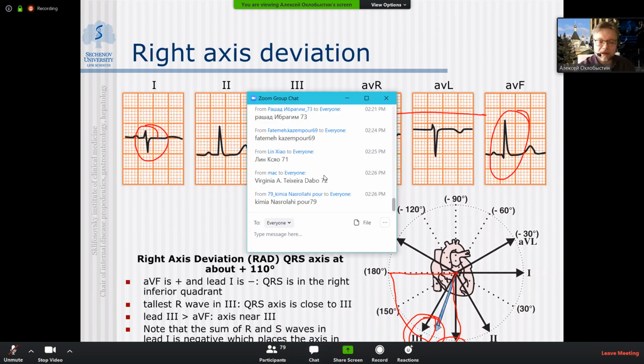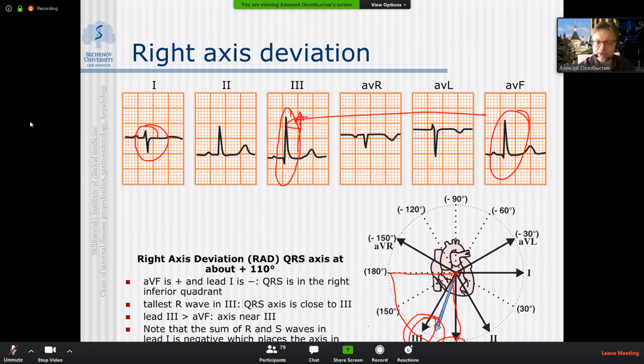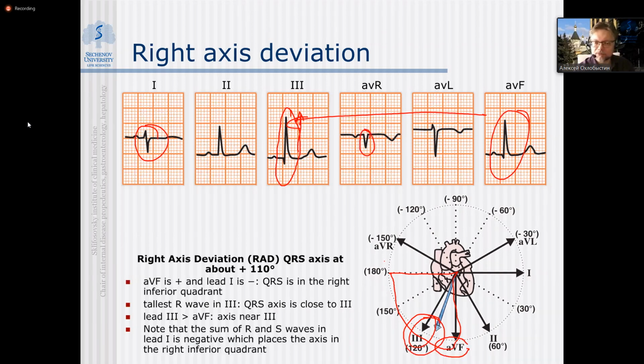Lead AVR is perpendicular to third standard lead. We have close to zero, but quite definite negative deflection. It means that it's not exactly perpendicular to AVR. It's not exactly 120. It's again somewhere under, somewhere closer to AVF, but not in between.